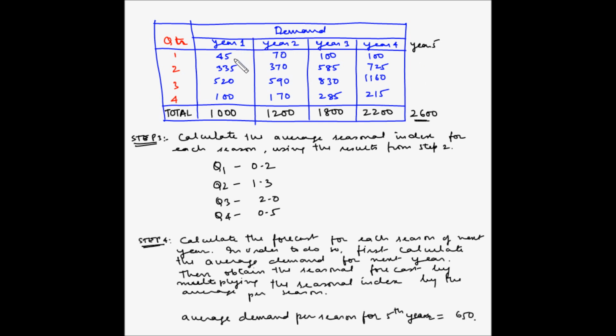Now earlier what we have done is, based on the data for the last 4 years, we have found out what is the relative seasonality of each of the quarters with the average forecast for each of the quarters, right?